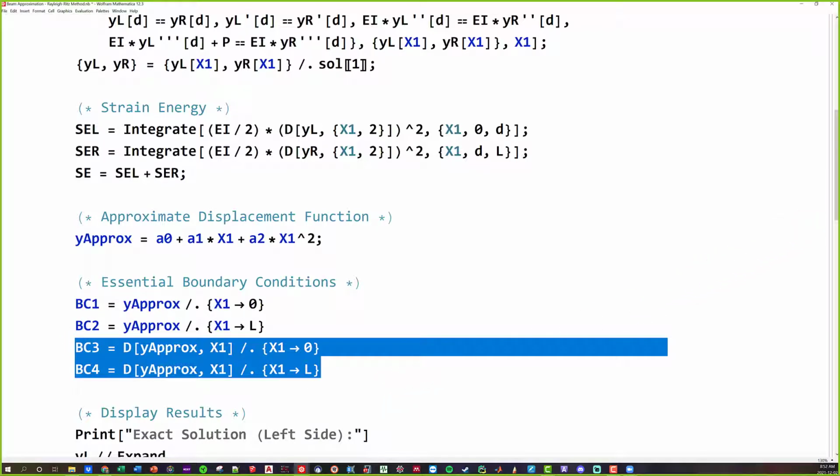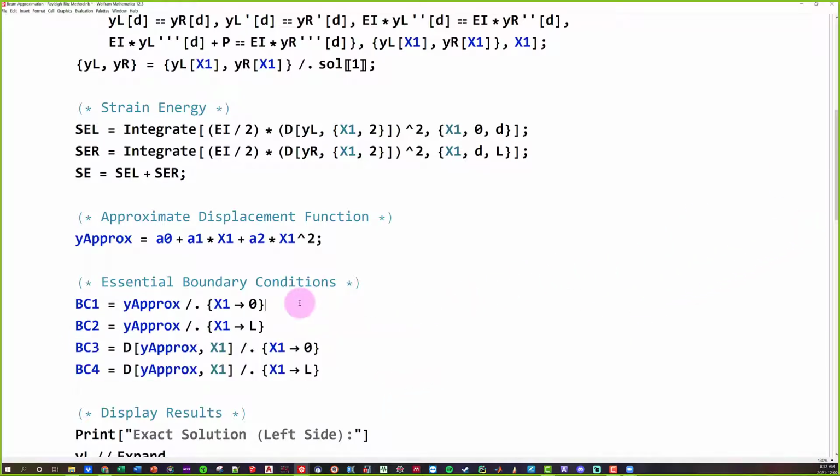Question for everyone in the chat: if I have 4 equations, how many unknowns can I solve for? 4 equations, how many unknowns can I solve for? 4. How many unknown coefficients do I have? What do you think?